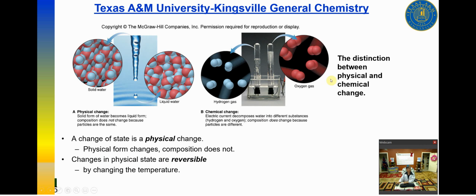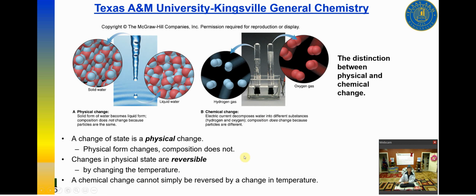If you change the temperature, water can be converted from solid to liquid or vice versa. Let's see figure B. If you have liquid water again and you apply an external electrical current, you apply energy, you find your water has been broken up. Some bubbles come out, breaking up into hydrogen gas and oxygen gas. This process is called water splitting, a chemical change.